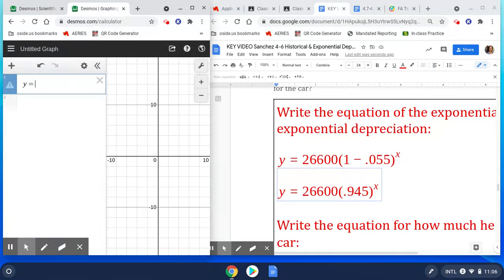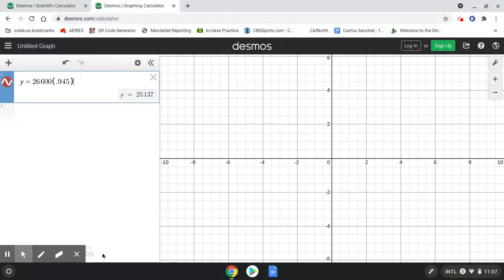So y equals 26,600 times 0.945 to the power of x. I'm just going to use the shift key because it's hiding underneath there.